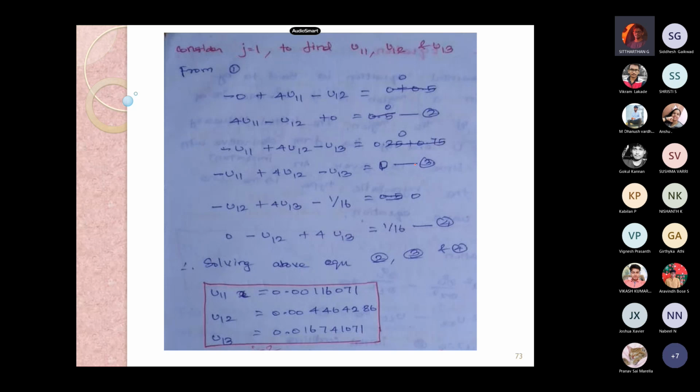No, sir, I did that with the other formula. Instead of negative u(i minus 1, j plus 1), I took a plus u(i minus 1, j plus 1). Okay, you apply these coefficients. Let it be 4.